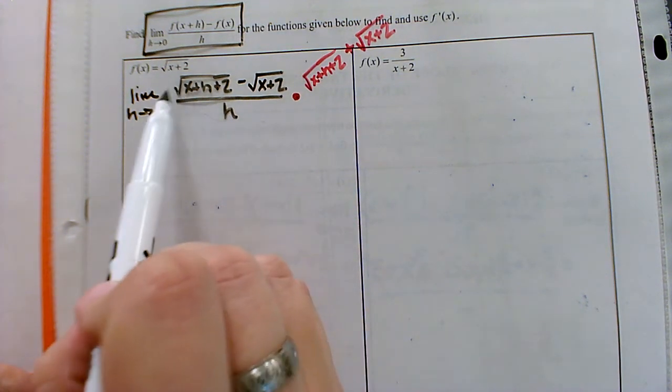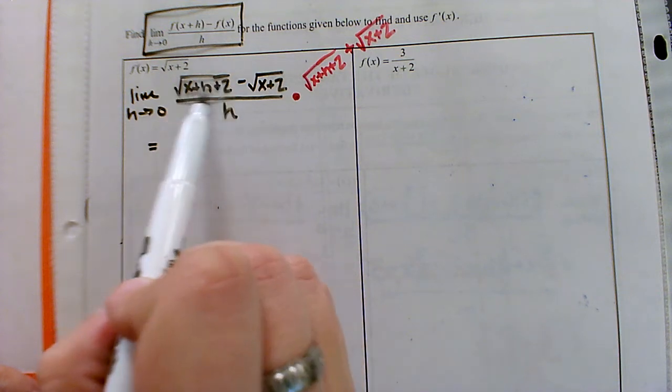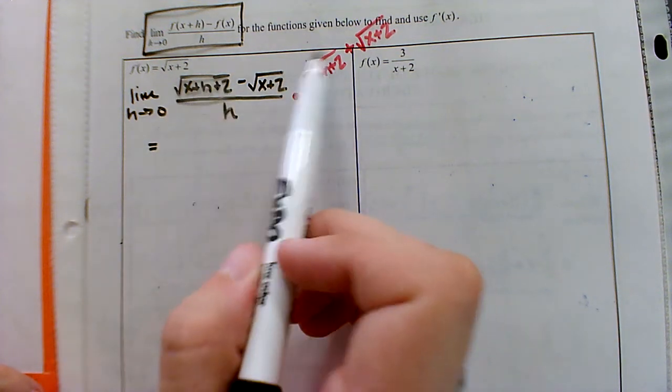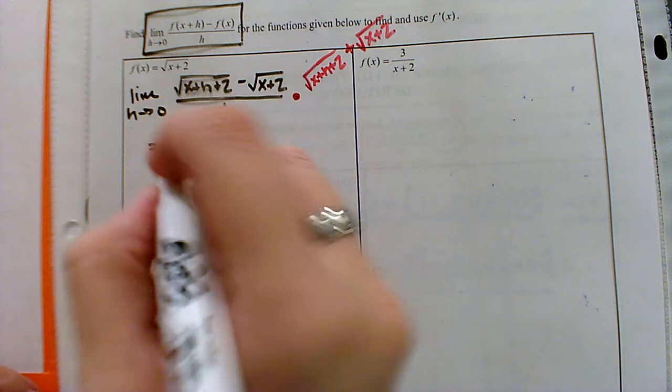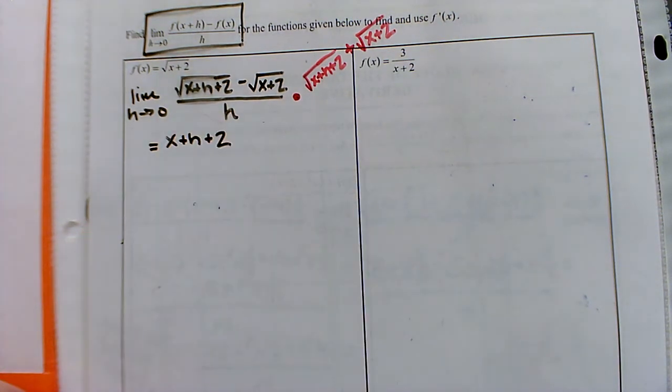So when you look at the numerator, the top pieces, we're going to have a square root of x plus h plus 2 times another square root of x plus h plus 2. The square roots would go away, so we're just left with x plus h plus 2. Multiply outsides, multiply insides, those are going to cancel each other out. So now we just have to do the lasts.